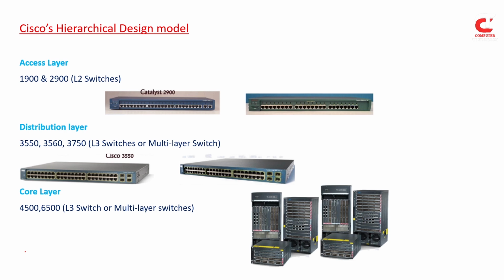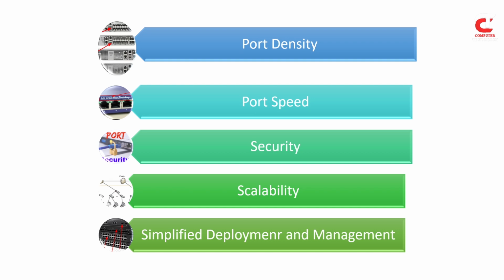When choosing access layer switches for enterprises, there are several factors to consider. First, port density, port speed, security, scalability, and simplified deployment and management. First of all, understand what port density is.